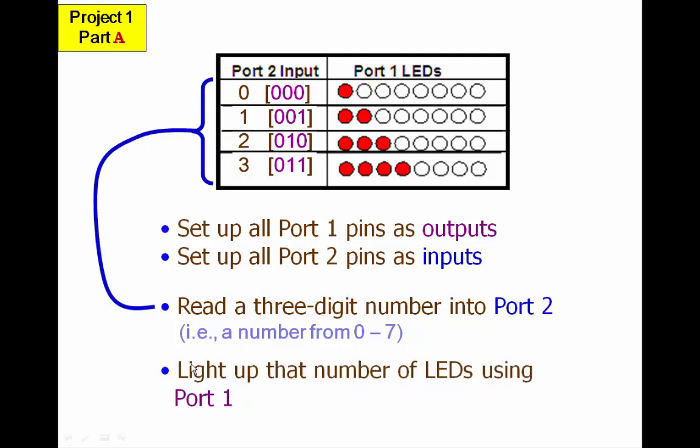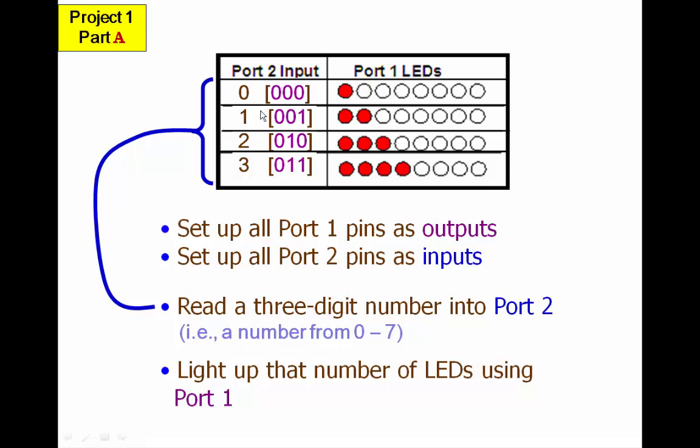After that, you should write a program that will tell the microcontroller which of the port 1 pins to set high, and every pin set high will light an LED. And you should arrange the program so that the number of LEDs that are illuminated is proportional to the number you've read into port 2.